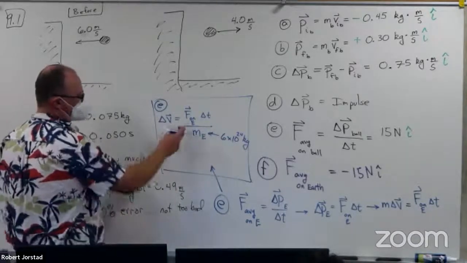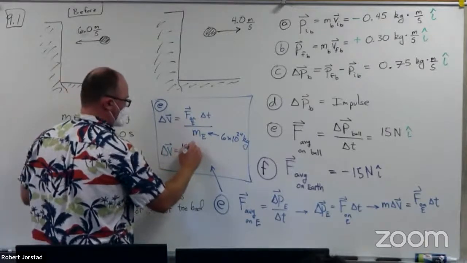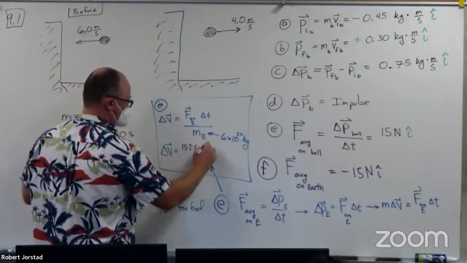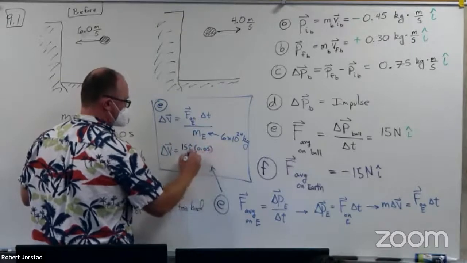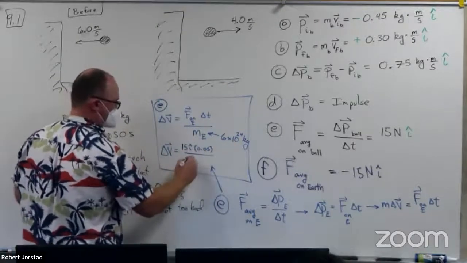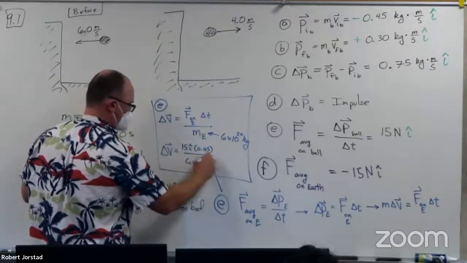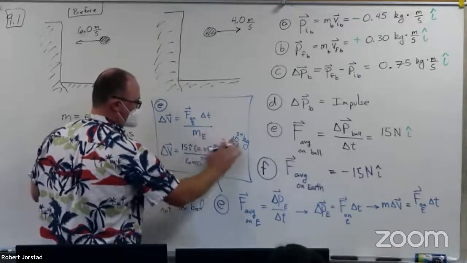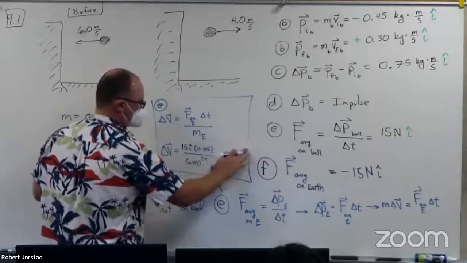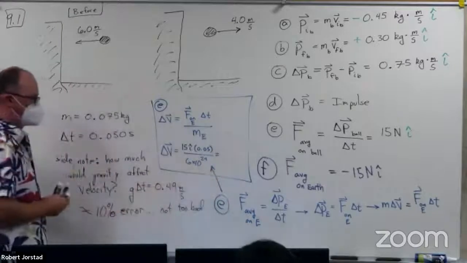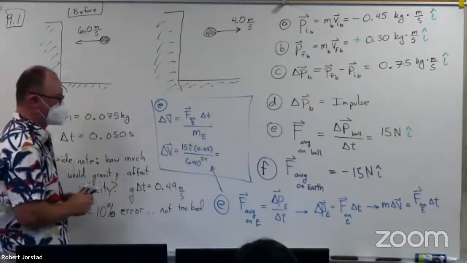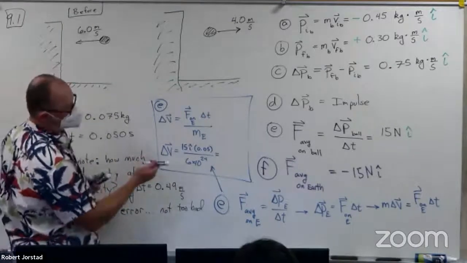Okay, but we got 15 i hat, 0.05 seconds. Mass was 6 times 10 to the 24th. I'm going to leave off the units because I have no space. But when I do that, shouldn't it be -15 if it's on Earth? Yes, you're right.